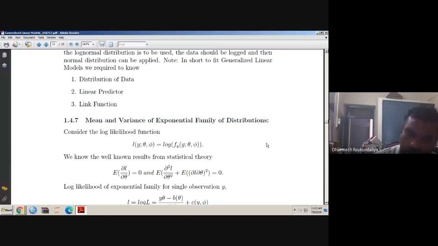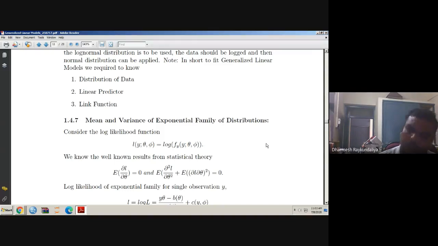We have written the form of the exponential family: f of y, theta, phi is equal to e raised to y theta minus b theta upon a phi plus c y phi. This is the exponential family distribution function, and if we wish to find its mean and variance, that means I am interested in the expected value of y and the variance of y. So how do we obtain it?